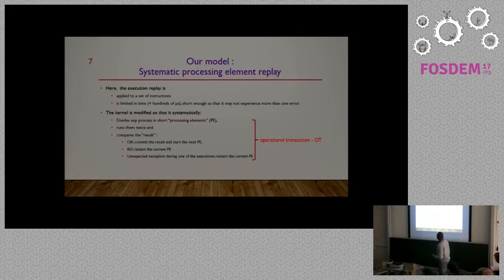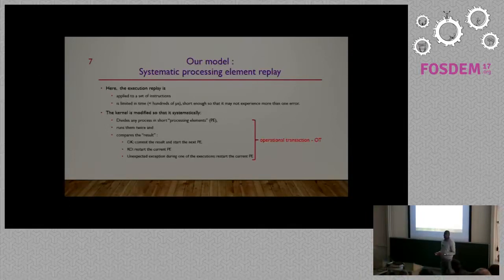So we are modifying the Nova kernel so that for each process, the kernel divides the process into short processing elements that we call PE. We run them twice and compare the results of each run. If the results are the same, we consider that the execution was okay, they match, and we can proceed to the next processing element.